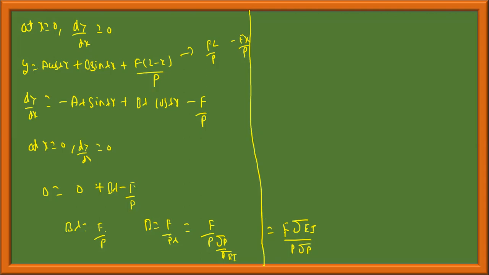Or you can also write in another form, f by p into root(EI by p).